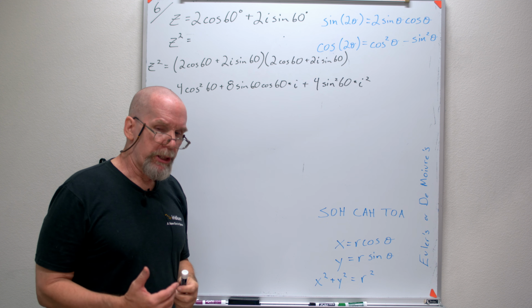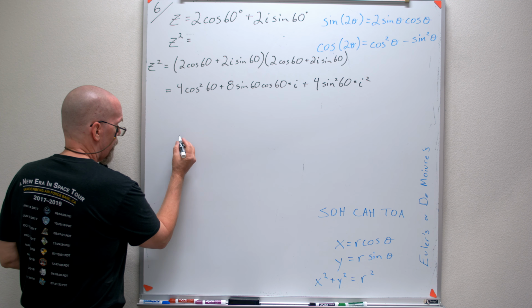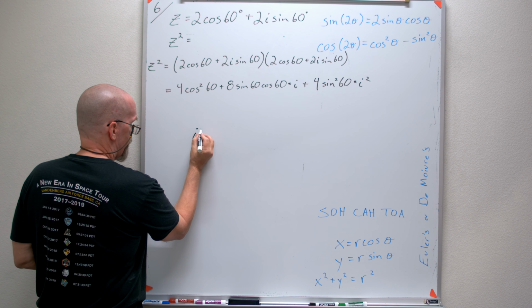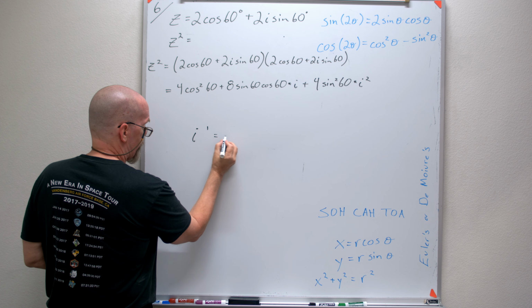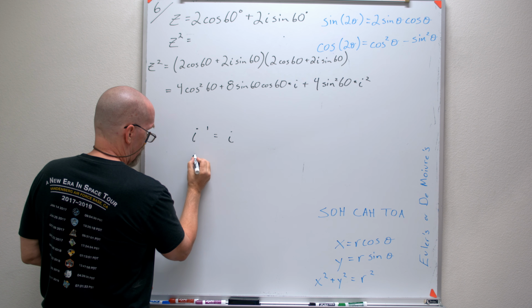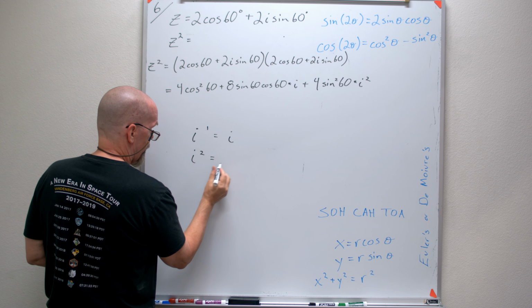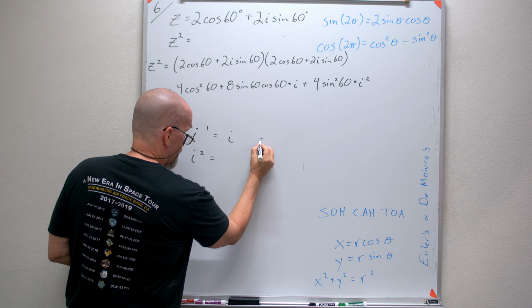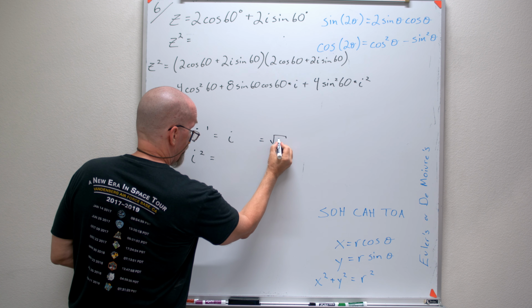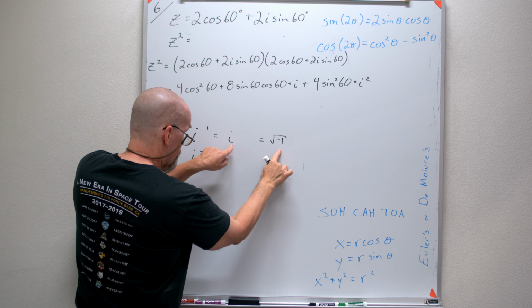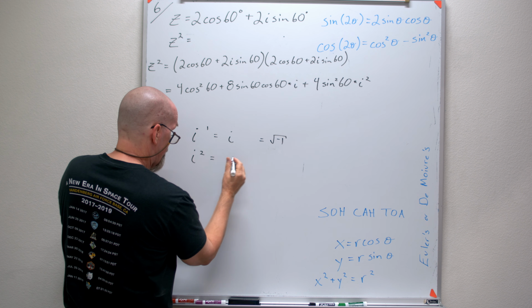When you get i's raised to powers, you always want to go through this routine of I to the first just equals I. I to the second, right? I by definition is the square root of -1. If I square both of these, I squared becomes just -1.